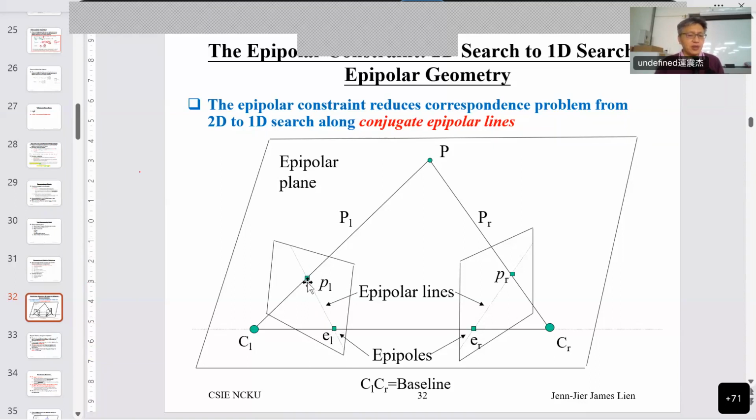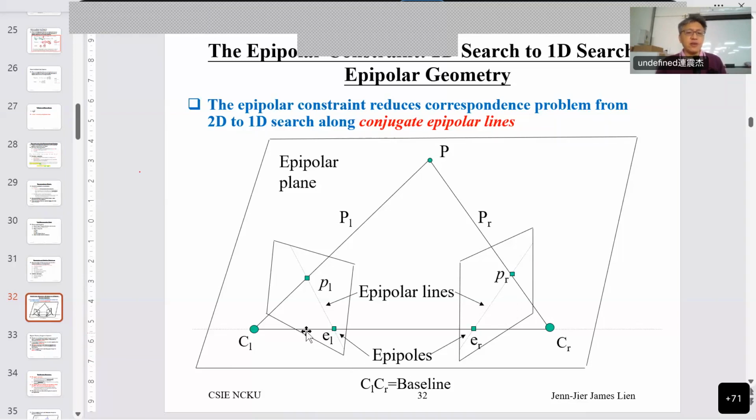So the P left will be located on the epipolar line left. We will find the corresponding epipolar line here, and your corresponding point will appear on the epipolar line on the right-hand side.